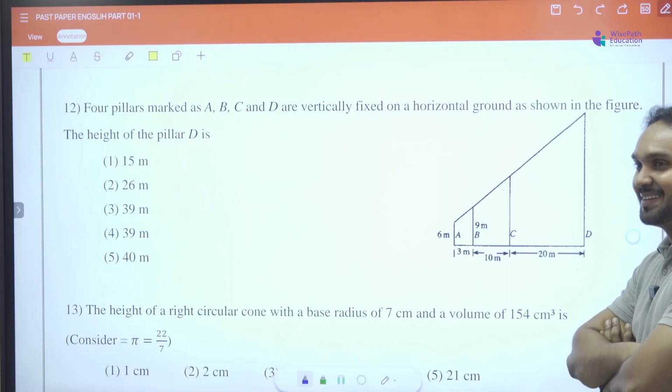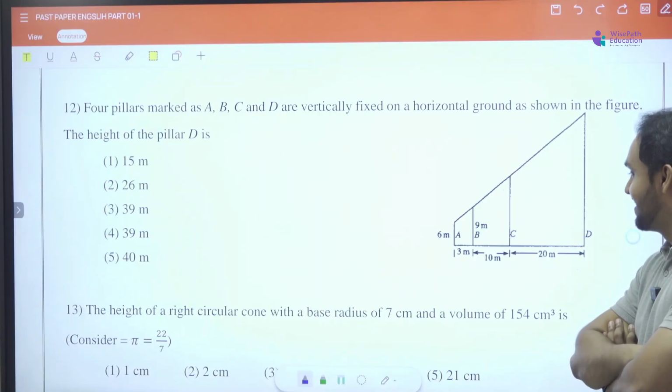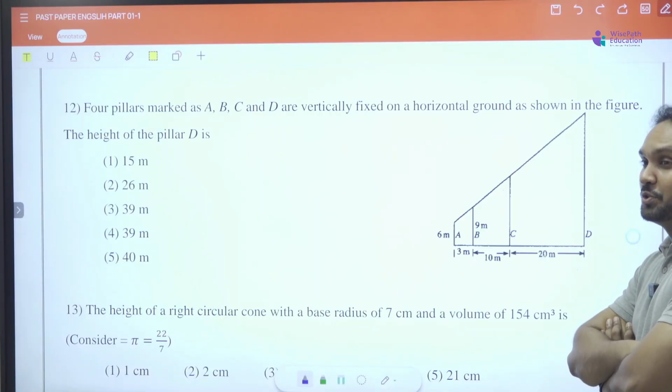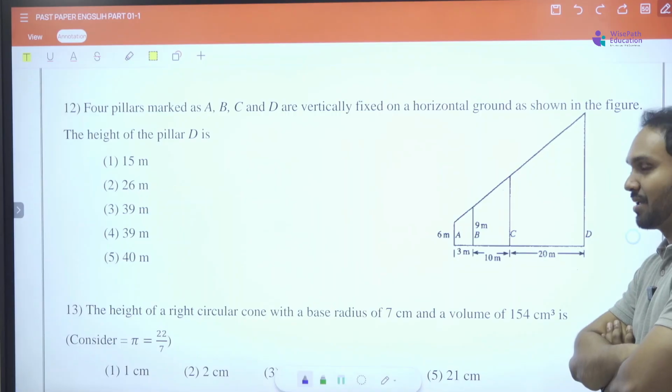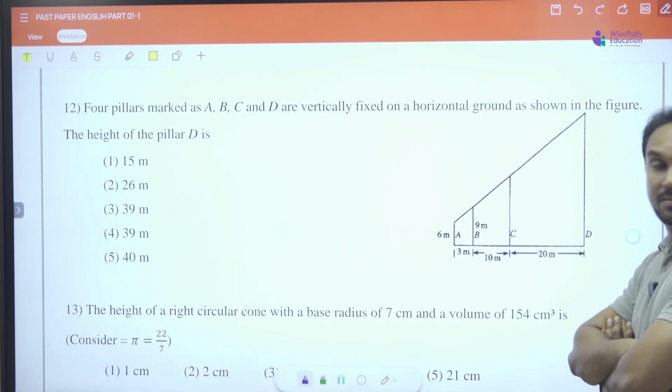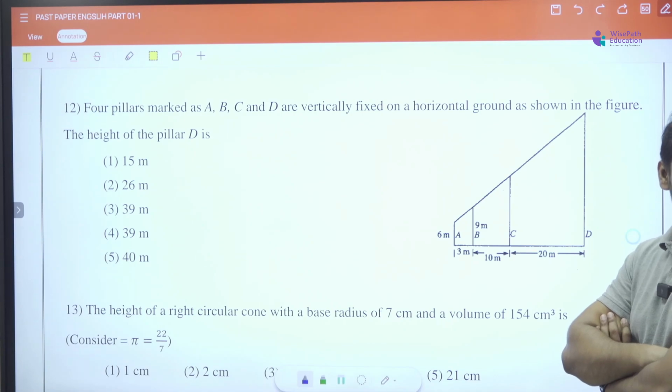Kalim Pala, then it's Islam. How did it become double? Huh? Kill. Any answers? No? 39. Same.